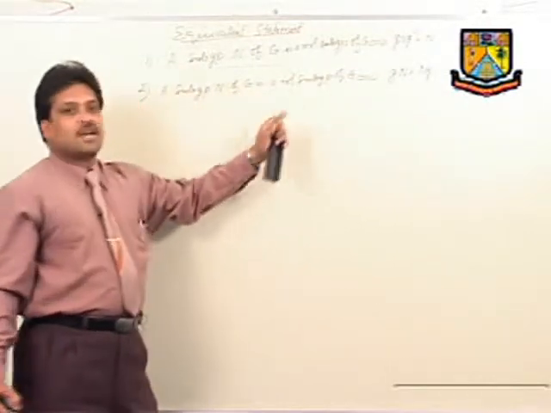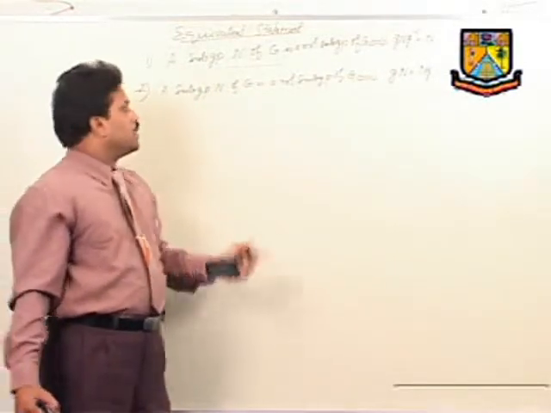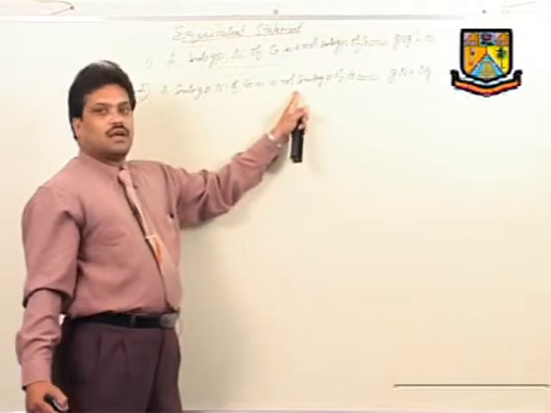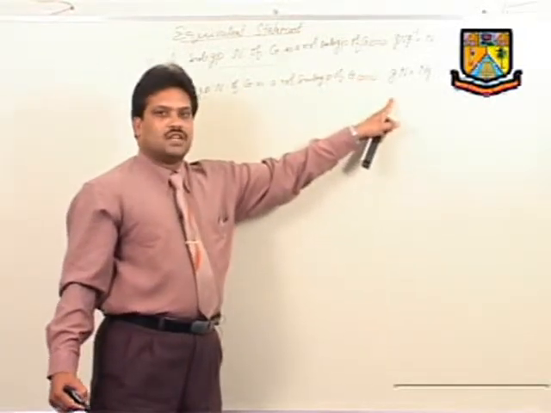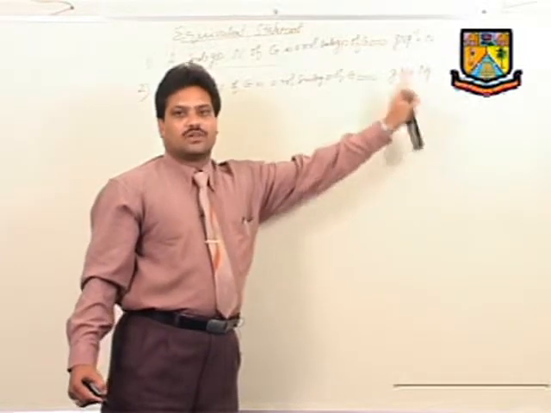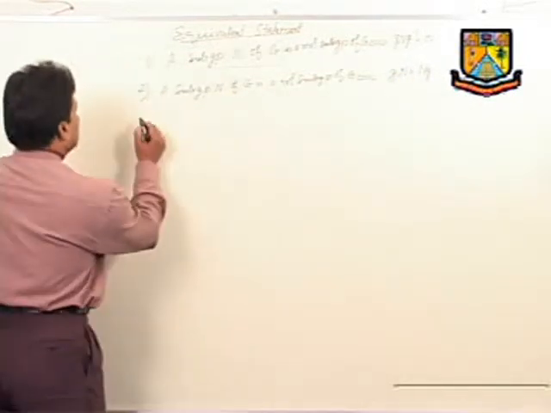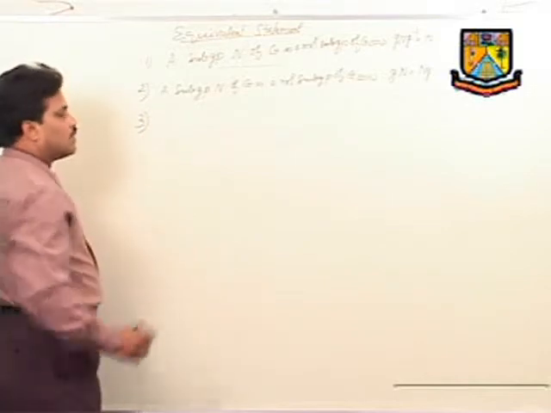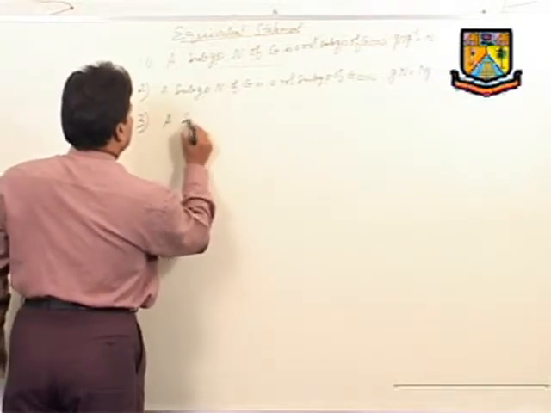The same statement can be put in the other form also. A subgroup N of G is a normal subgroup of G if and only if every left coset is equal to right coset.